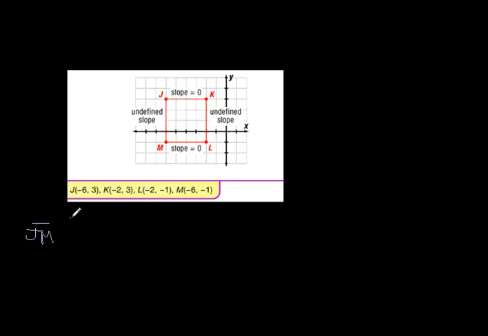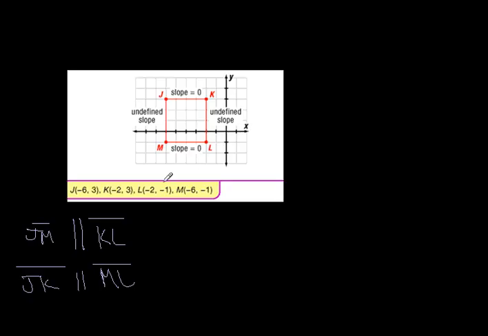Line JM is parallel to line KL, and line JK is actually parallel to line ML. And don't forget the line symbols that go on top here. So line JK is parallel to ML.